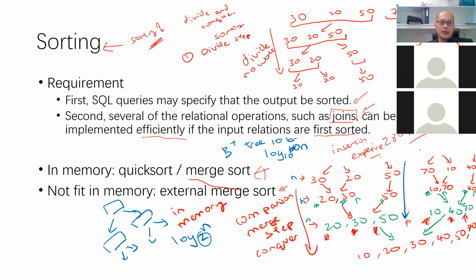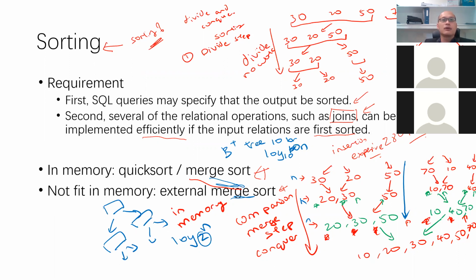Okay, so this is just a very short introduction to what merge sort is, because we'll be doing something a bit different, which is the external merge sort. Any questions on this so far? Okay. So I believe most of you probably have covered this in your earlier modules already, so I won't dwell too much on this.